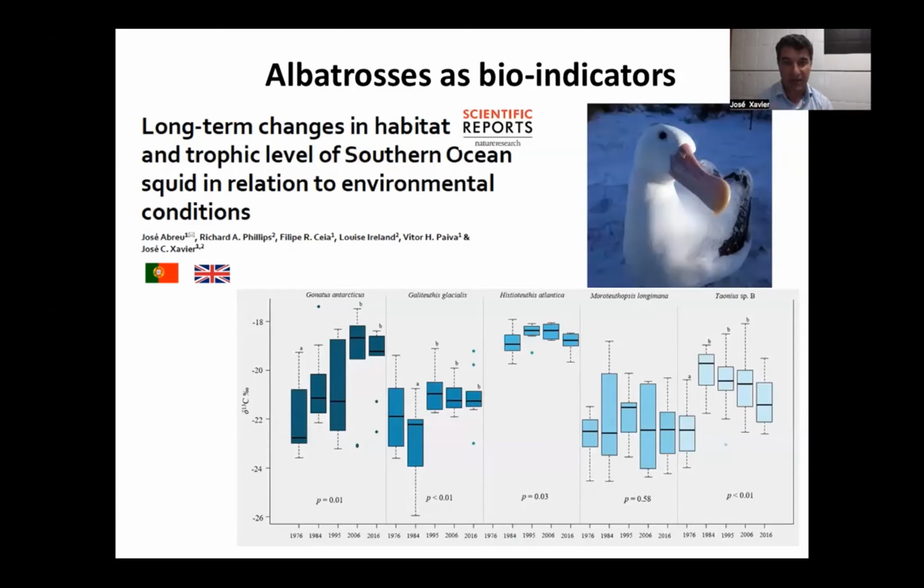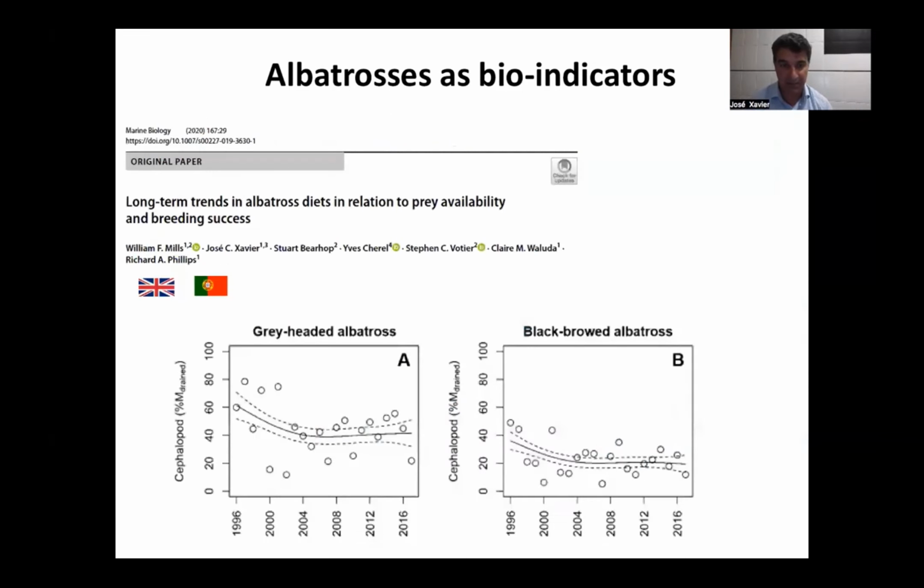So it gives us the first idea that these squid might be able to cope with some level of change. So they are able to adapt in terms of their habitat, but their trophic levels maintain the same.